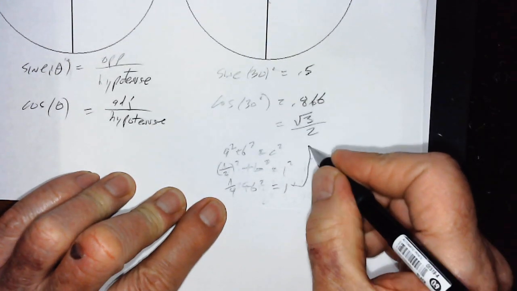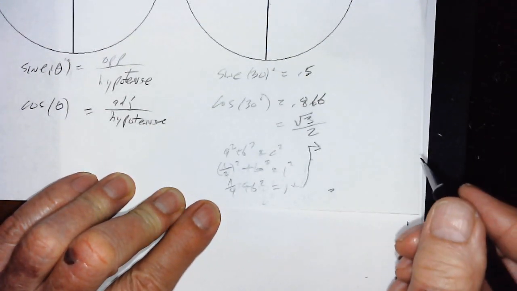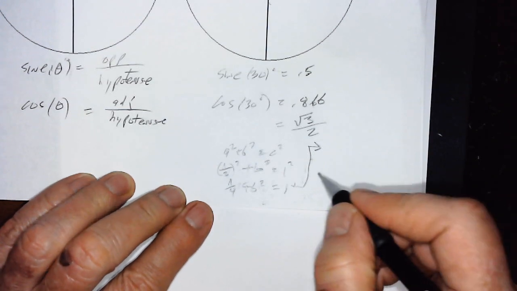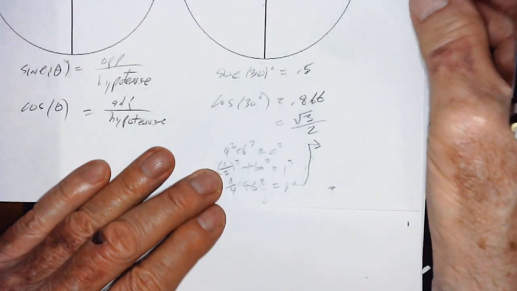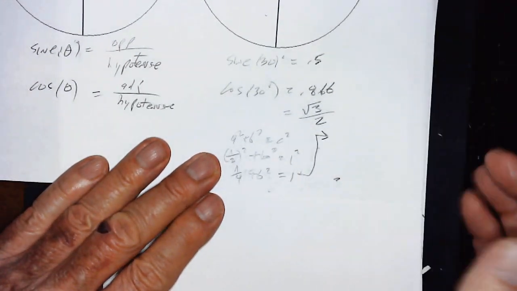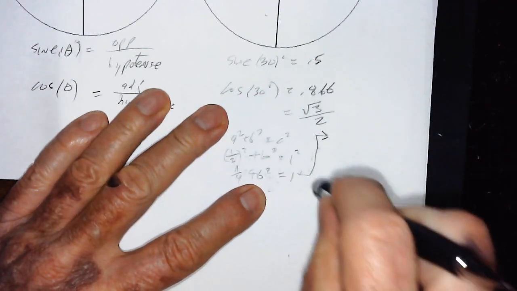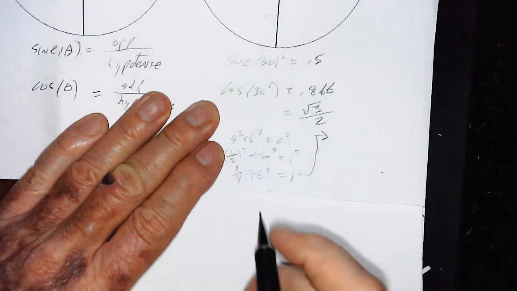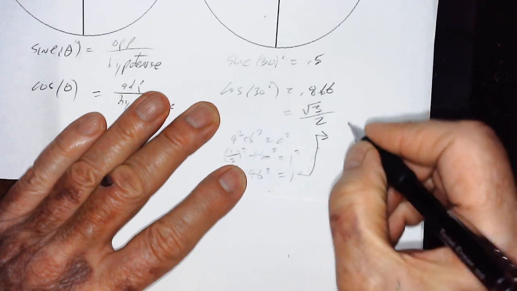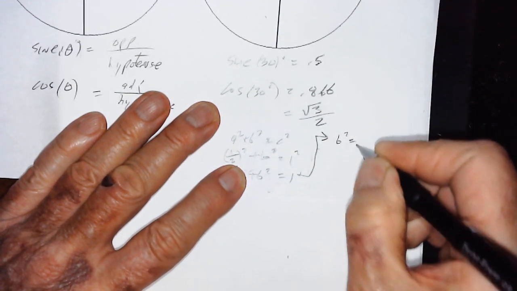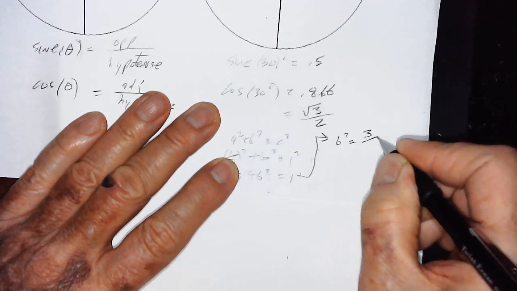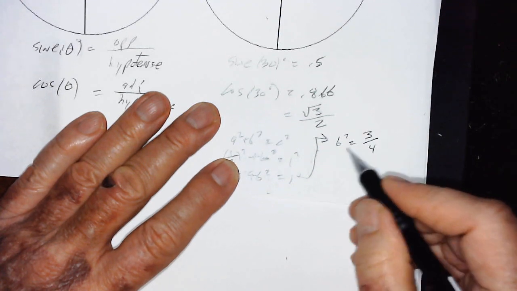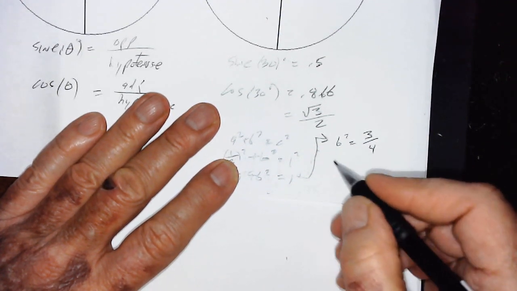Now I'm going to go up in here so we can still see what's going on. This isn't coming out really dark, is it? It's too bad. Okay, let's move the 1/4 over on that side. B squared equals 3/4.